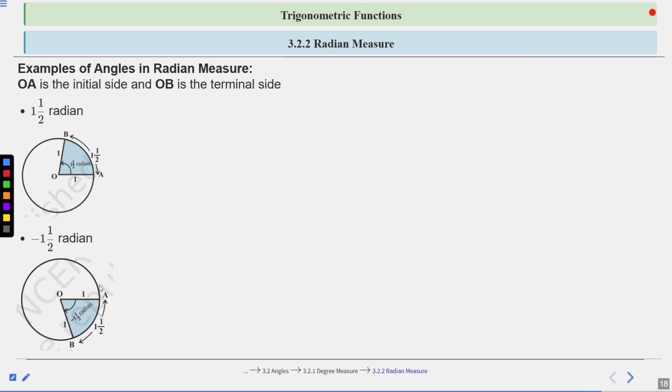So now the movement is clockwise, and you have your angle minus 1 whole 1 by 2 radian as this. The same goes for here. You have to travel what? 1 whole 1 by 2 units, but in the clockwise direction. Here you are moving anti-clockwise, and here you are moving clockwise.